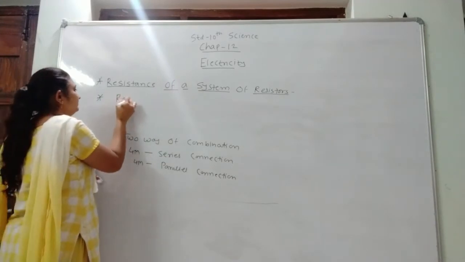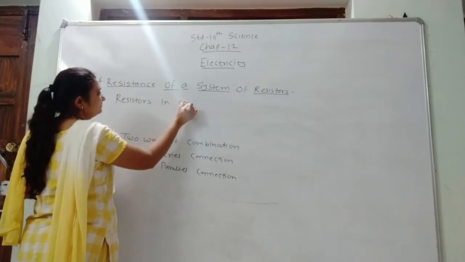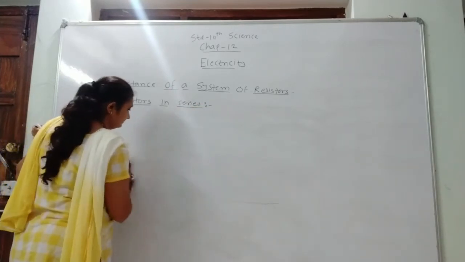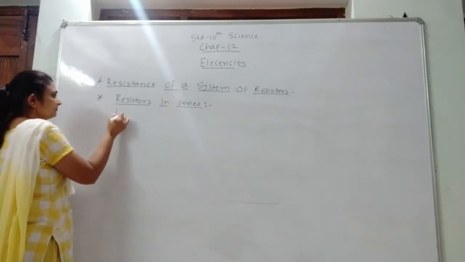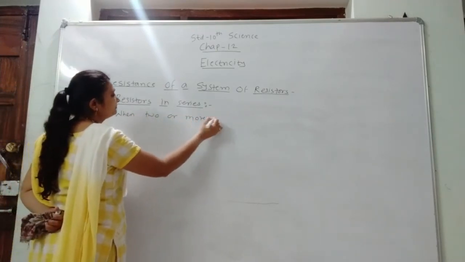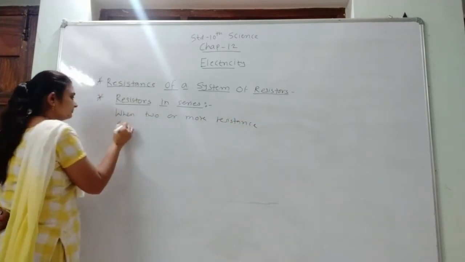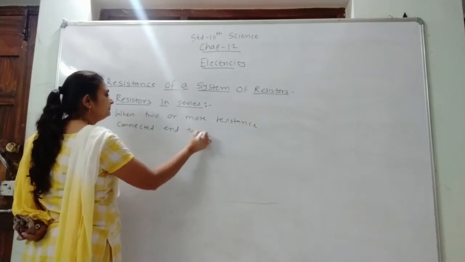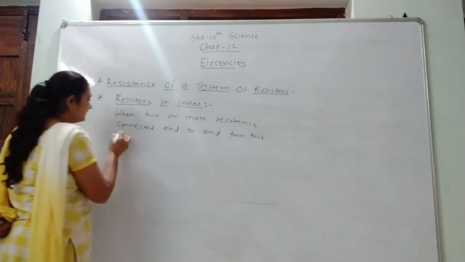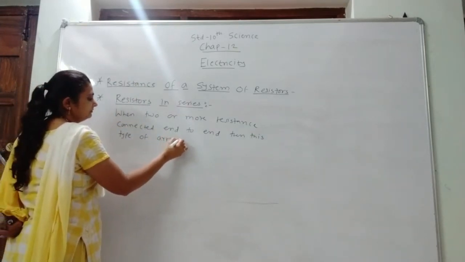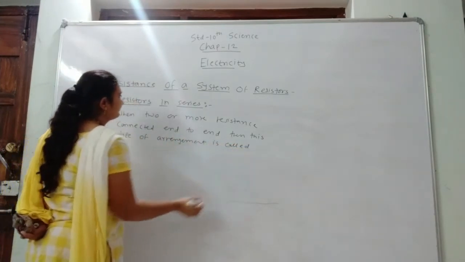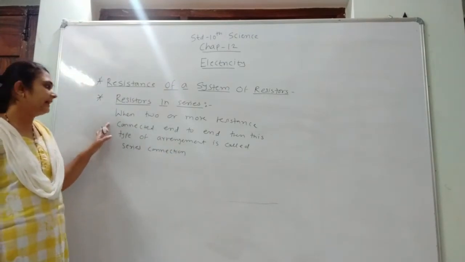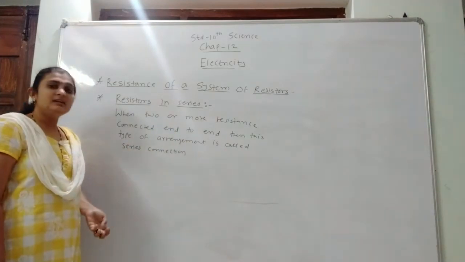Resistors in series. When two or more resistances are connected end to end, then this type of arrangement is called a series connection.